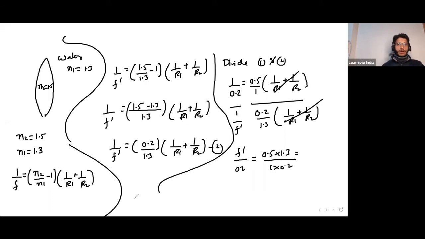So it comes out to be F prime by 0.2 is 0.5 into 1.3, 0.65. 1 into 0.2 is 0.2, gets cancelled out. So F prime comes out to be 0.6 centimeter.